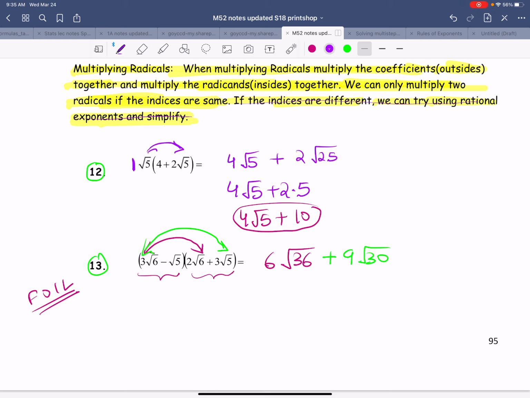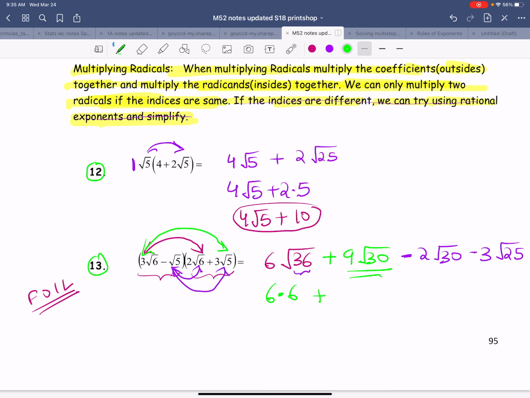Now we're going to be doing inner. Positive times negative is a negative. And 1 times 2 is 2, root 30. And then last times last, which is negative 3, square root of 25. A little bit of cleaning up, simplification required. Square root of 36 is 6. So that can get out of the square root.